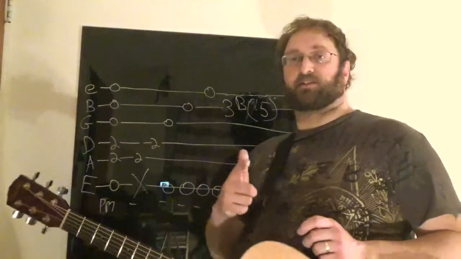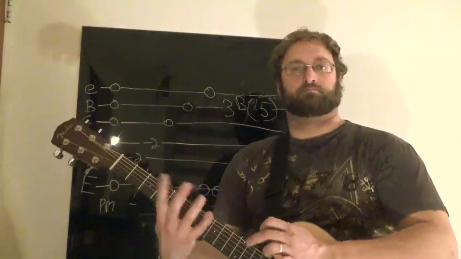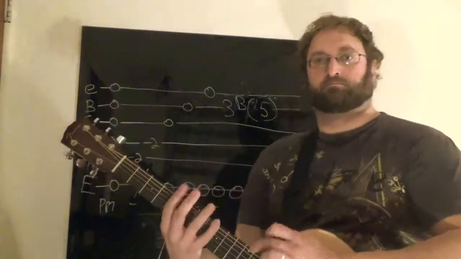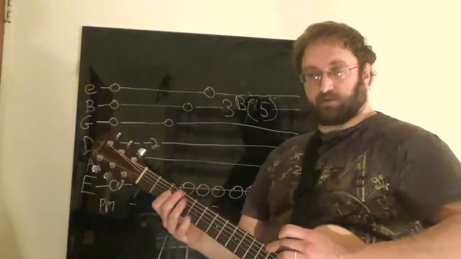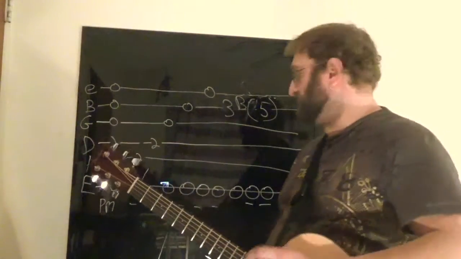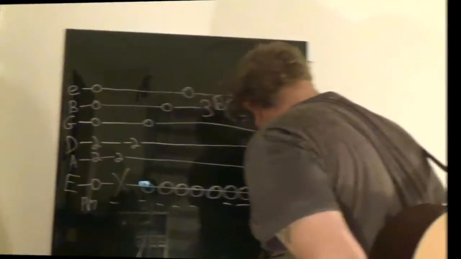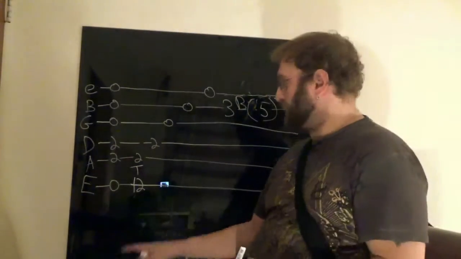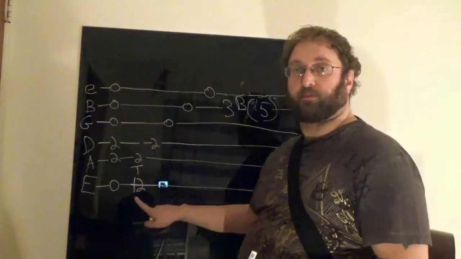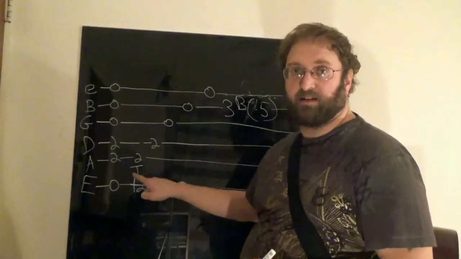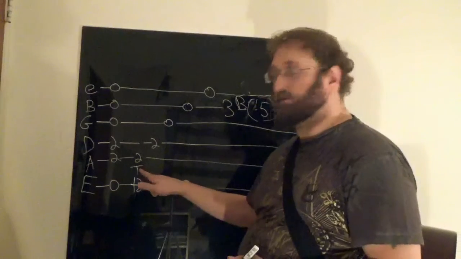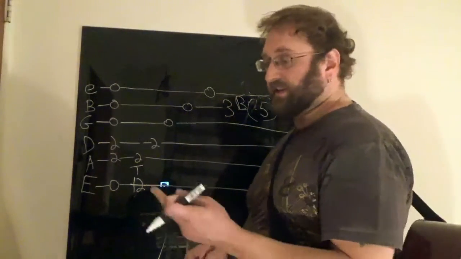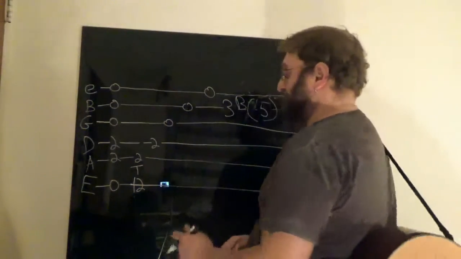So now, let's say we want to get into the tapping stuff. I'm going to actually draw out what I just did here. When we're doing tapping, we're going to write the fret that we're tapping on with a T above it. That way we know that's the note that's being tapped. That's the note that you're going to put your finger on to tap.